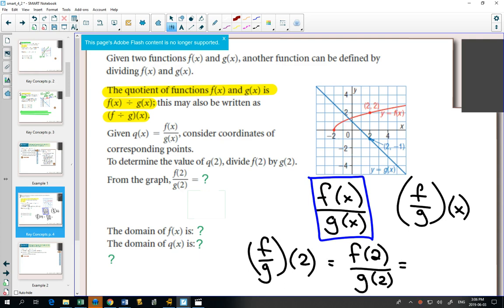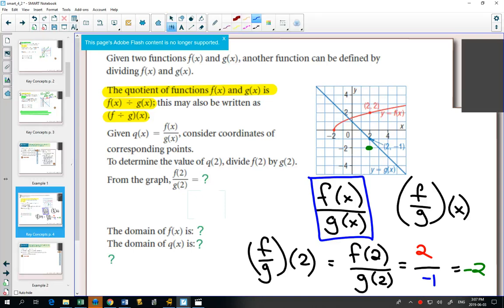And then we can look at our functions. We know that f of 2 is 2. We know that g of 2 is -1. So when we divide them, we get -2. Now, the reason that dividing is done separately is because we have the situation where you could be dividing by 0.